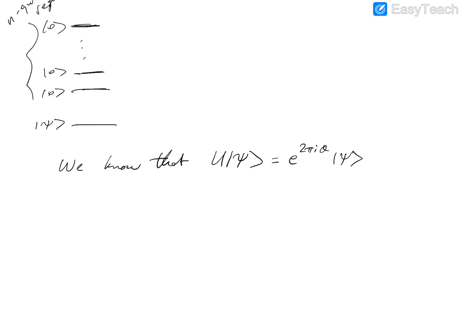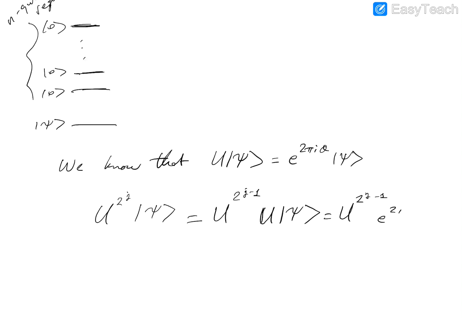If this is true, then U to the power 2 to the power j times psi is equal to U to the power 2 to the power j minus 1 times U times psi, and this is equal to U to the power 2 to the power j minus 1 times e to the power 2 pi i theta psi.